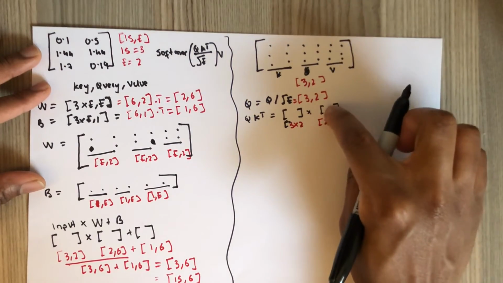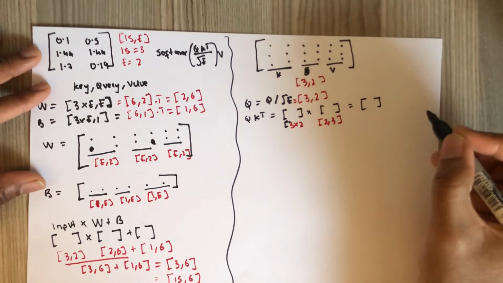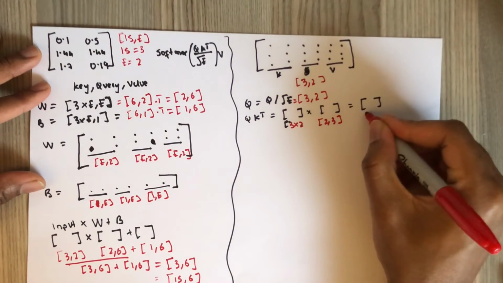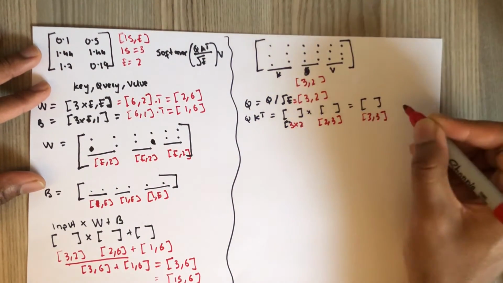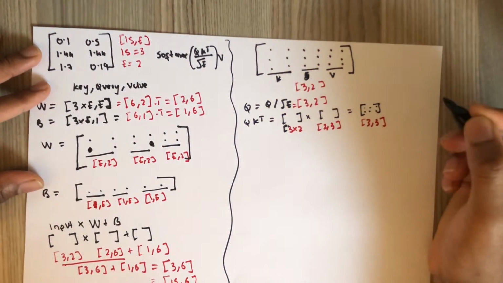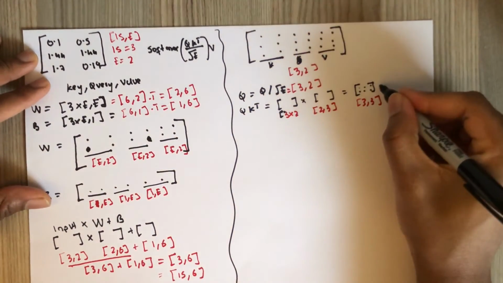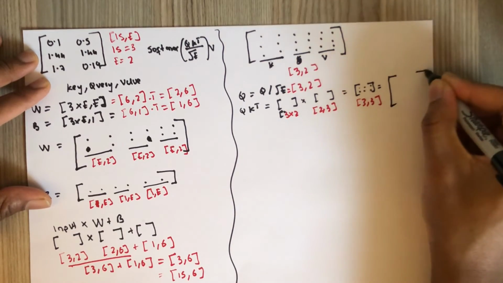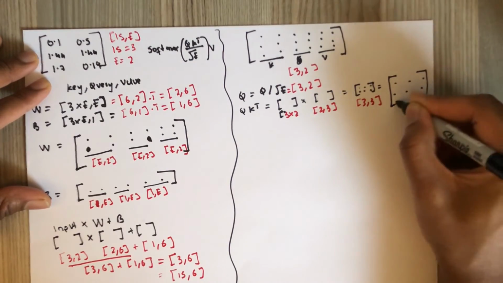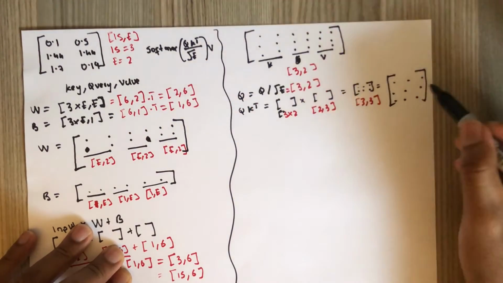So this is k transpose, and the result is a tensor that has a dimension of 3 by 3. Okay, so let me write this in something bigger, because I want to explain something.